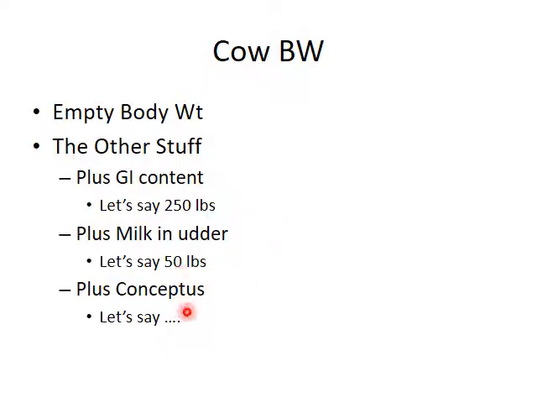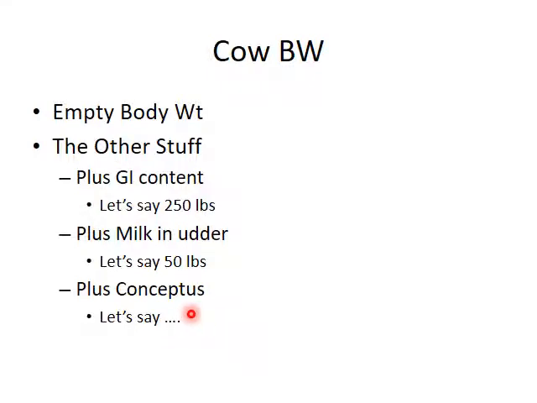All those are going to add weight. So empty body weight, basically taking out the guts one way or the other. We might say GI contents 250 pounds, milk at any one time maybe 50 pounds in the udder. Conceptus depends on where you are.